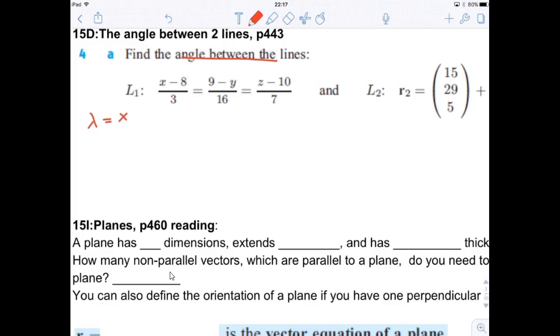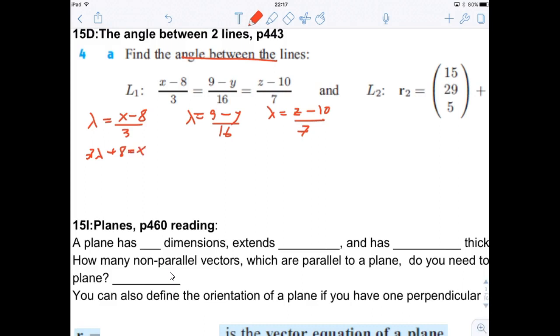So we could go backwards and make the Cartesian equation into parametric form. So we could have 3 lambda plus 8 equals x.